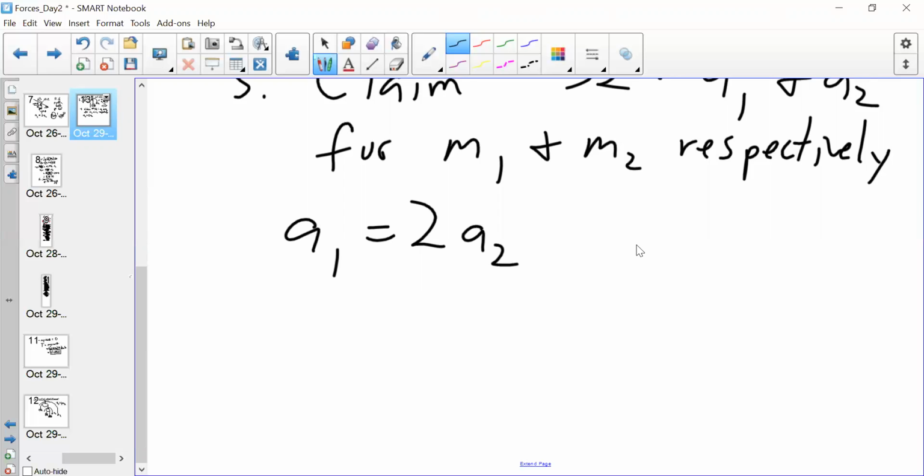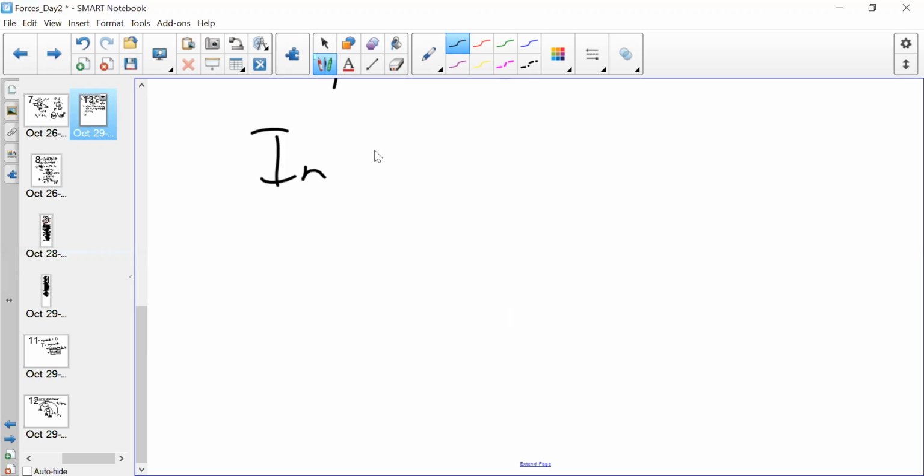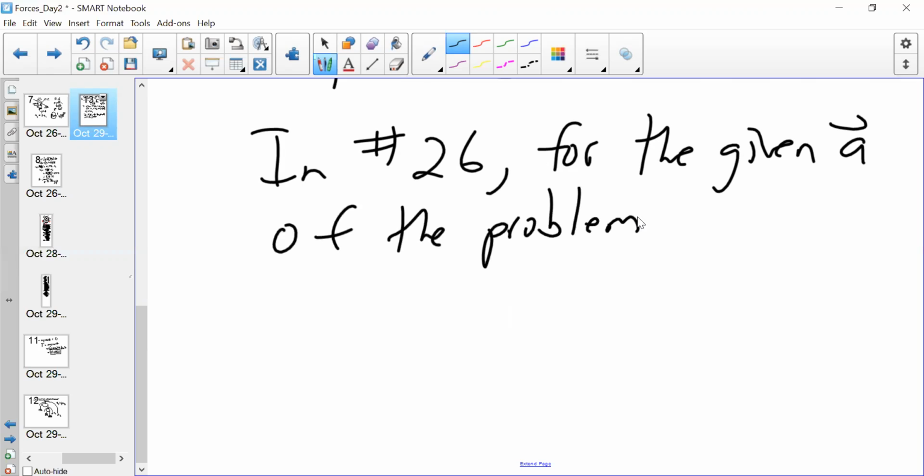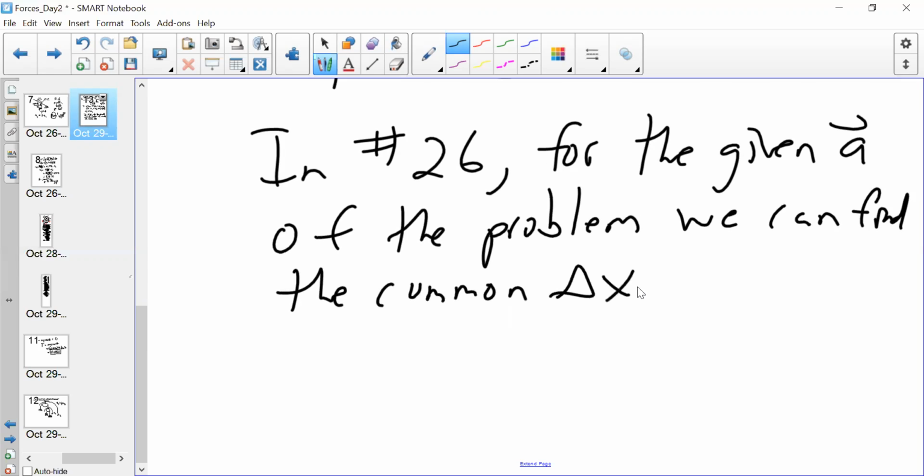So like I said before, in number 26 of chapter 5, for the given acceleration A of that problem, we can find the common displacement for both, the common time for both to travel, the common final velocity of the entire system, etc. Why are these common?